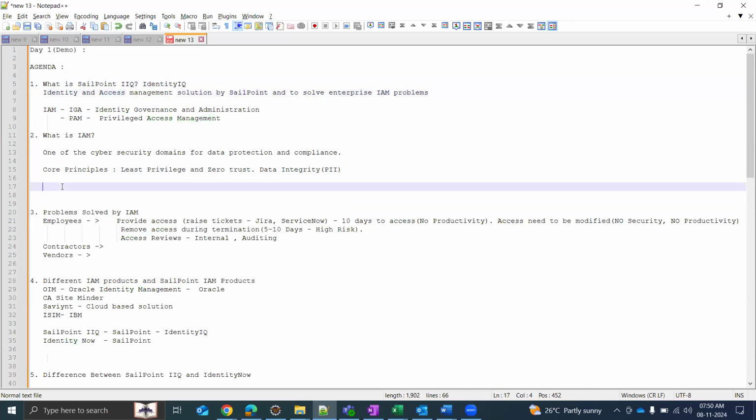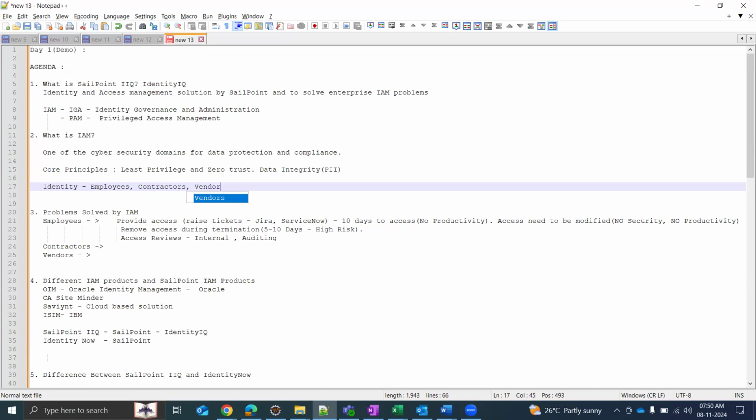So let's understand that. Whenever we say identity, we are referring to the people who are working for an organization. There are employees who work for the organization, and there are contractors who work for the organization.